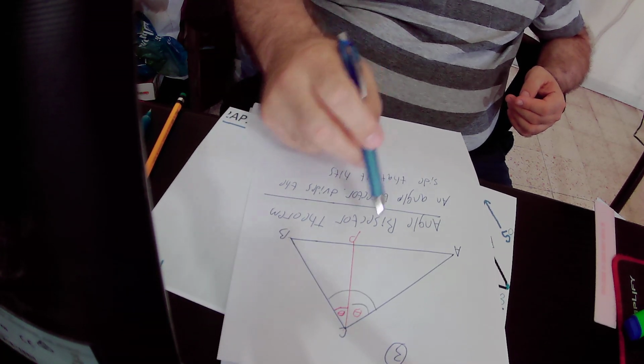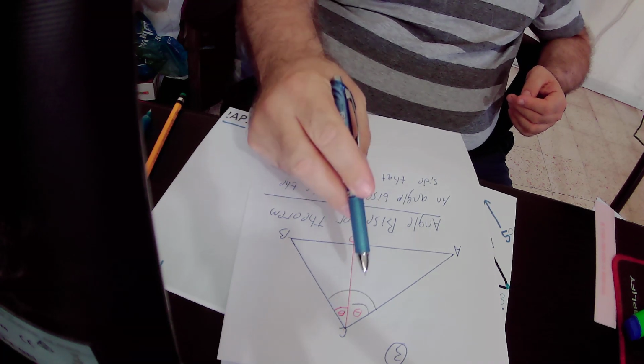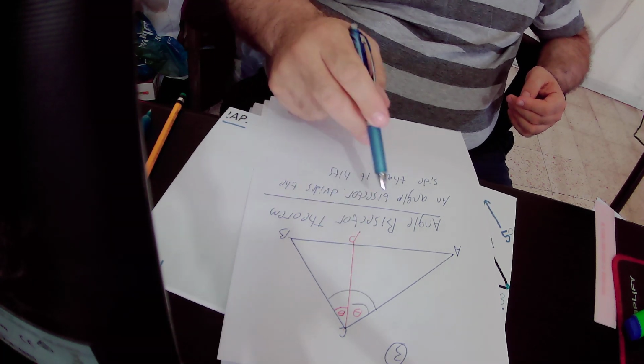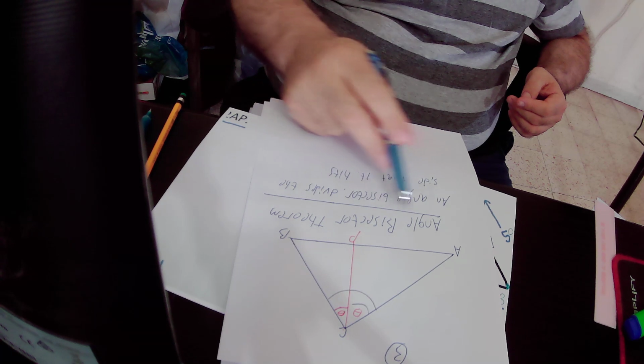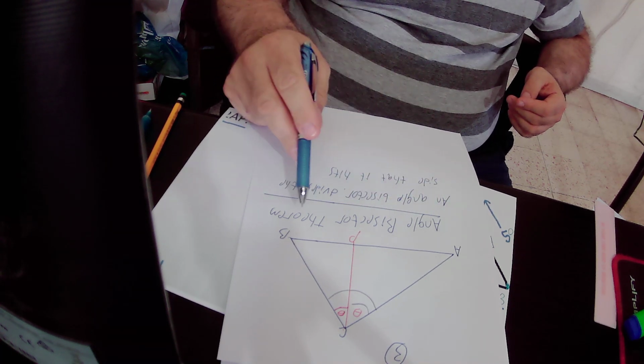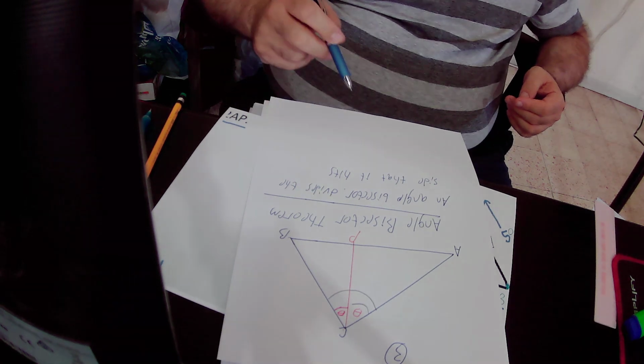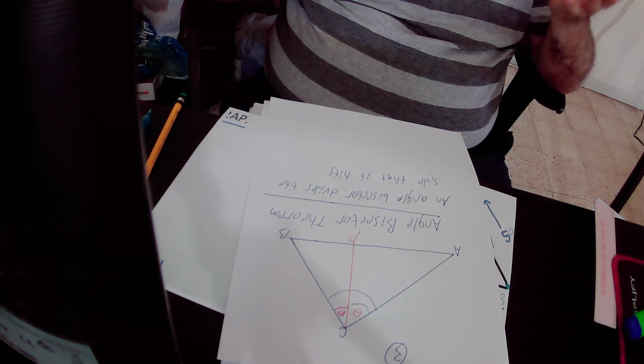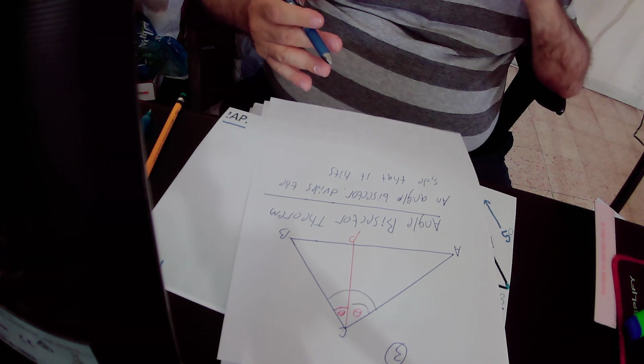As you can see from the picture, the angle bisector CP meets side AB of triangle ABC, and it divides it into two parts.